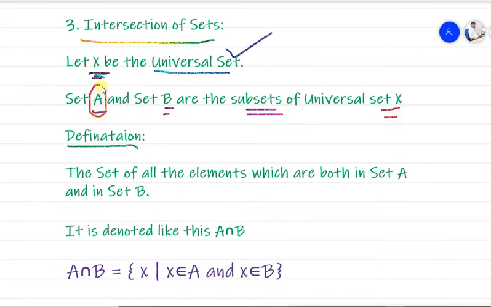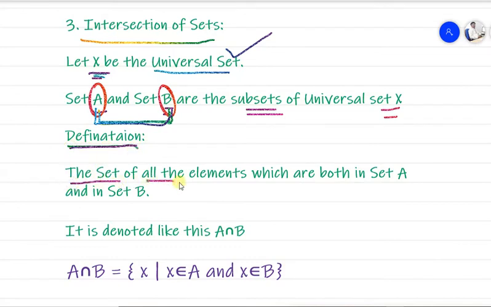These are the two sets which are the subsets of universal set X, and we are going to take the intersection of these two sets, and that we have to see. So what exactly do we mean by intersection, that we'll discuss here.